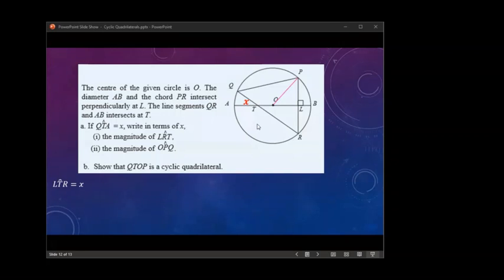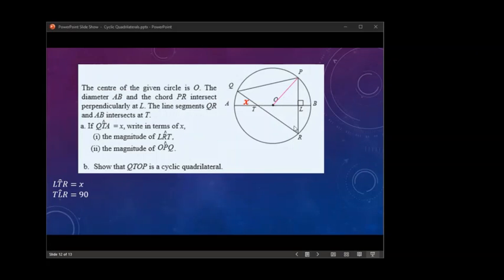So LTR we can write as X, because of the opposite angles, right? So this angle is equal to X, and angle TLR is equal to 90 degrees because AB and PR are intersecting perpendicularly.